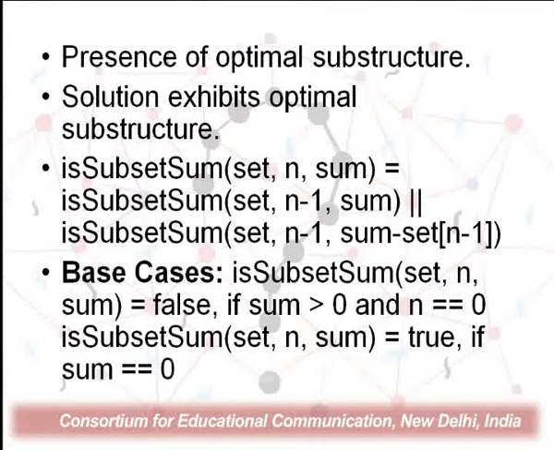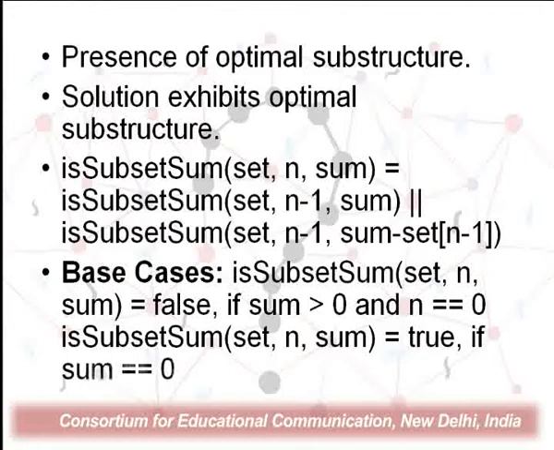So the answer will be an OR of isSubsetSum of the set, n minus 1, that means one item taken off, and the sum as it is. This expression gives me the value when I am not considering the nth item.